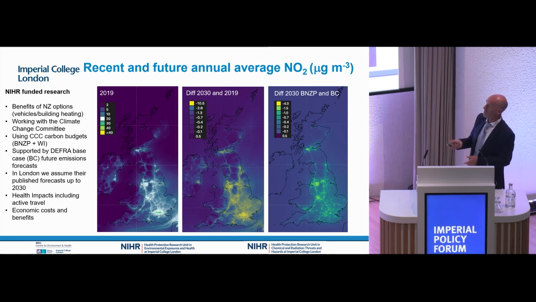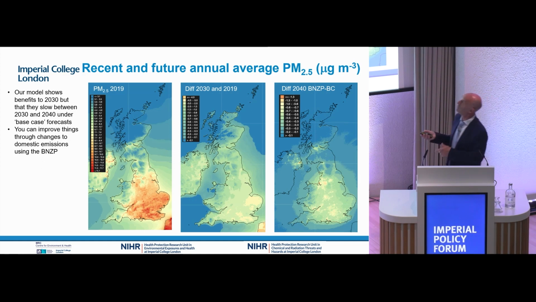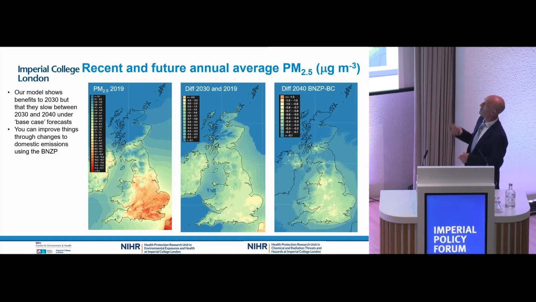We're going to start producing health impacts and economic costs and benefits, by the way, but like I say, this is an ongoing project. So if we do the same or something similar for PM2.5, you start with your 2019 forecast, you go to 2030 using DEFRA's base case, and they've been kind enough to give us some of this data for the future.